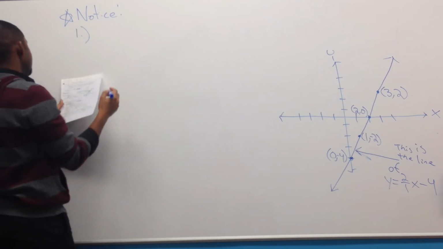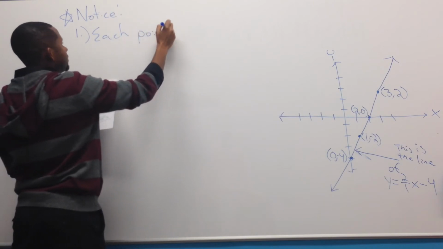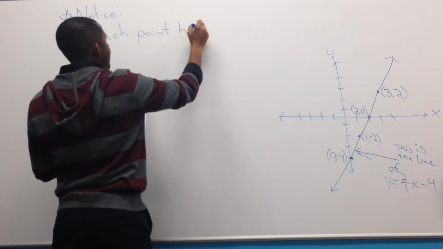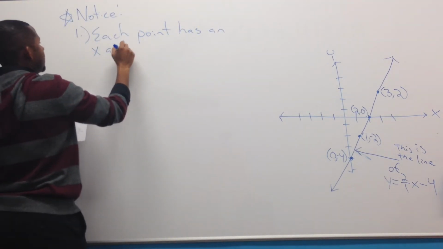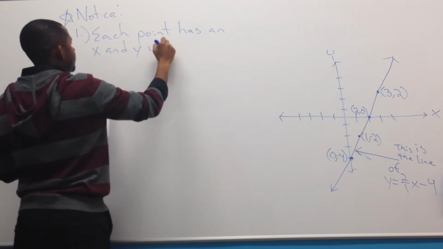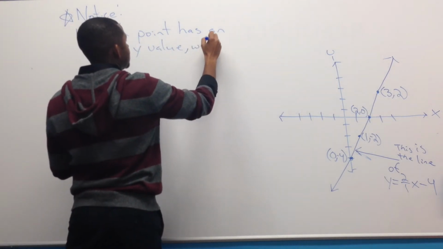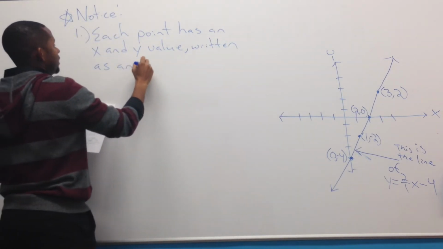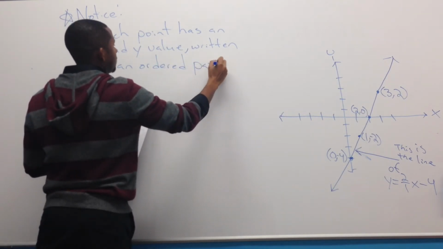First thing you should notice, each point, right, each of those points that we labeled has an x and y value written as an ordered pair. Okay?